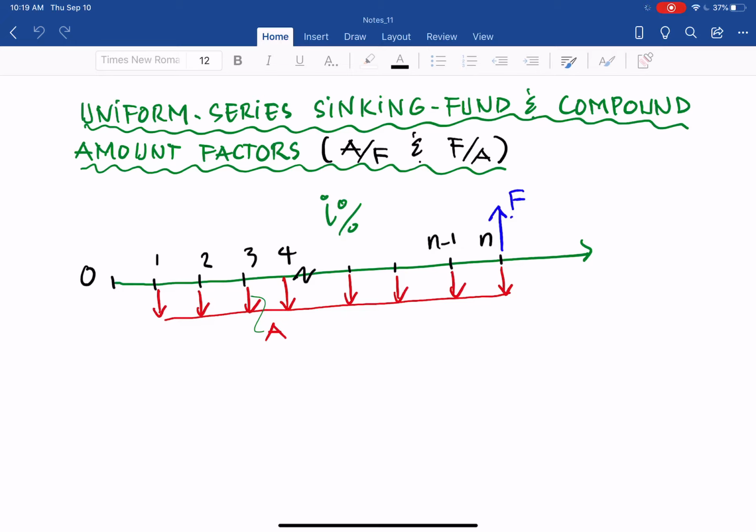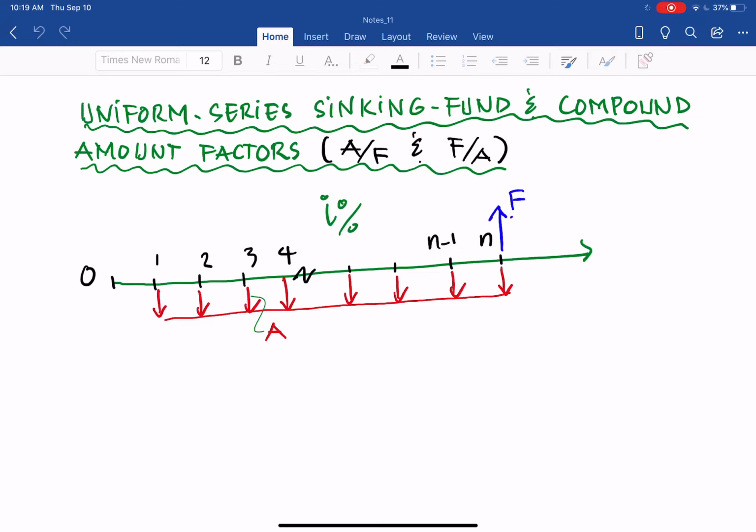How much do you have when you retire, F, and that determines whether you will become a millionaire or billionaire when you retire. So that basically talks about saving and retirement. All of that can apply in these scenarios.